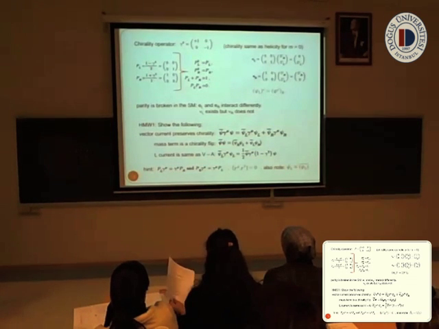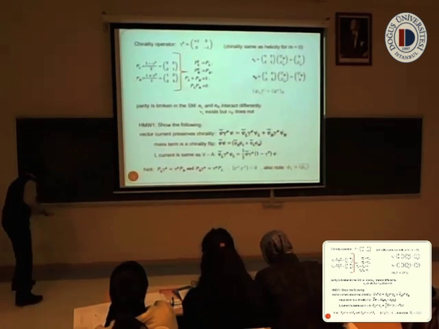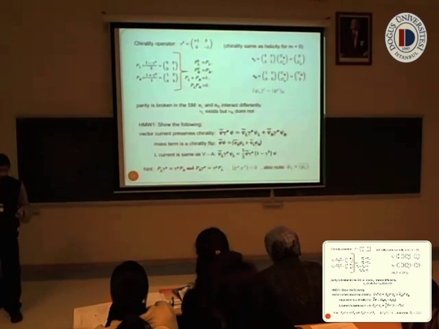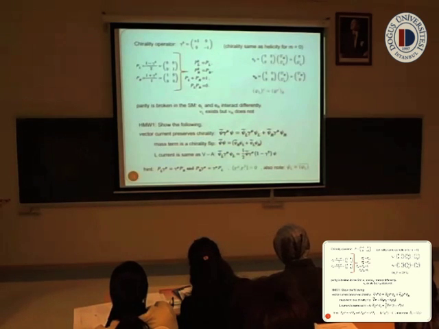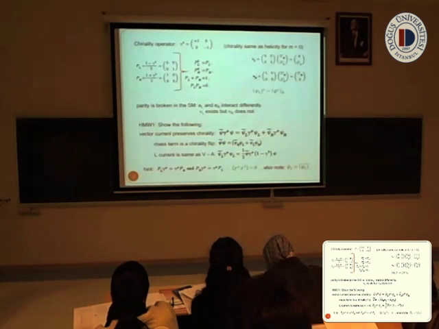And show that, first of all, the vector current, which is called the vector current because it transforms as a vector, preserves chirality. So the left-hand part gets connected to the left-hand part, and the right-hand part gets connected to the right-hand part.